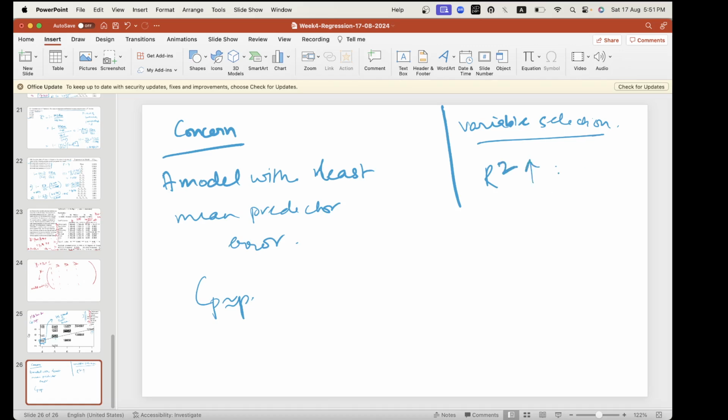Now R square is going to change as you increase the number of variables, but adjusted R square might or might not change.